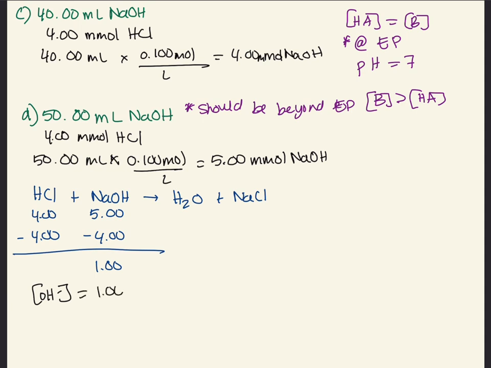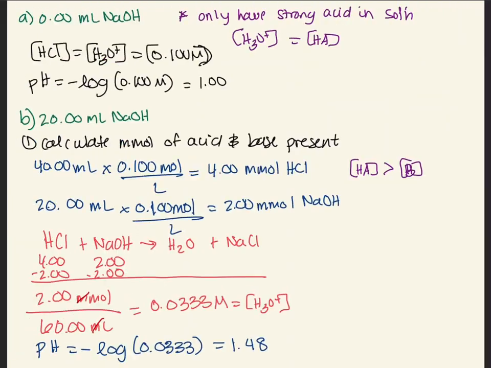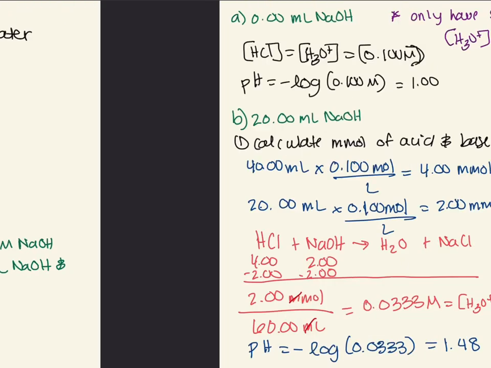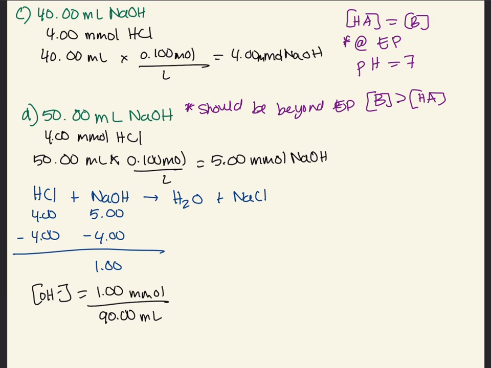And this is going to be 1 millimole divided by the total volume, which is going to be 90 milliliters. And I get that 90 milliliters because we add the 50 milliliters that we had from the sodium hydroxide and the 40 milliliters that we started off with of our acid.